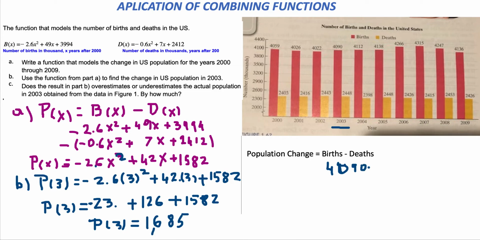And the deaths, how many deaths do we have? The death value is 2448.